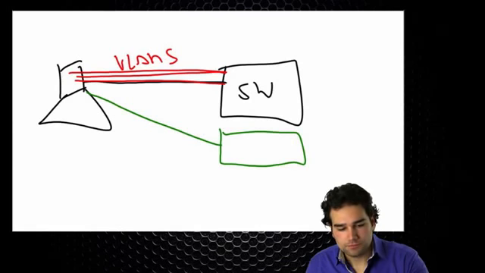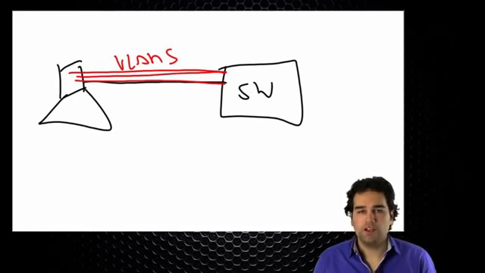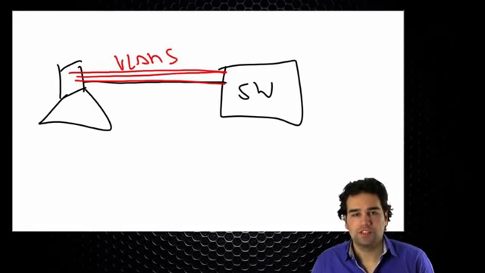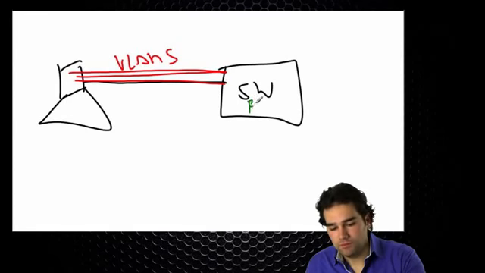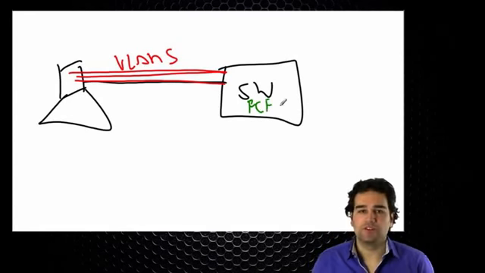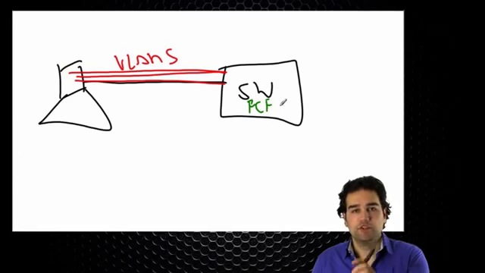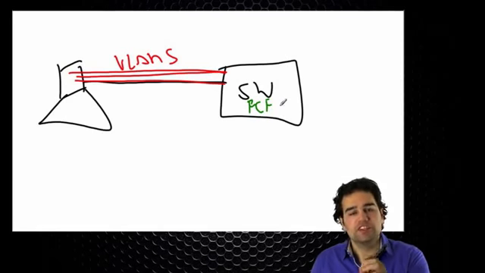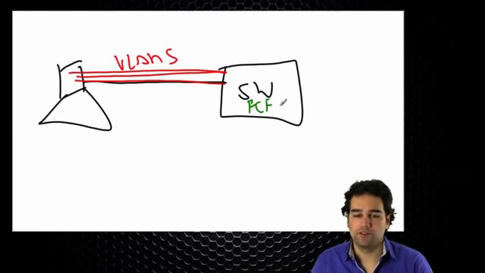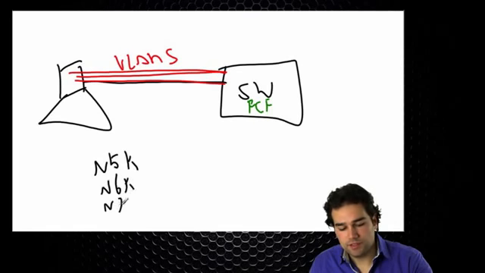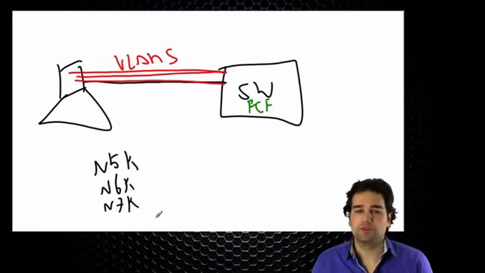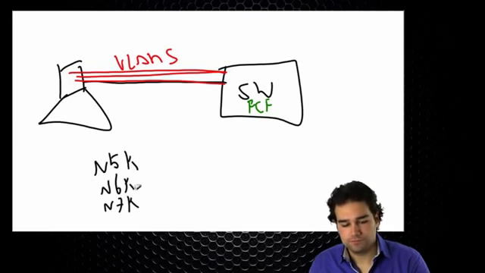We remove that wire and that separate switch, and we build that technology into the Ethernet switch. So this has to be a new switch. Your access switch needs to be a new switch because it needs to support fiber channel over Ethernet. Examples of that are the Nexus 5K, Nexus 6K, Nexus 7K; all kinds of Nexus switches support fiber channel over Ethernet.